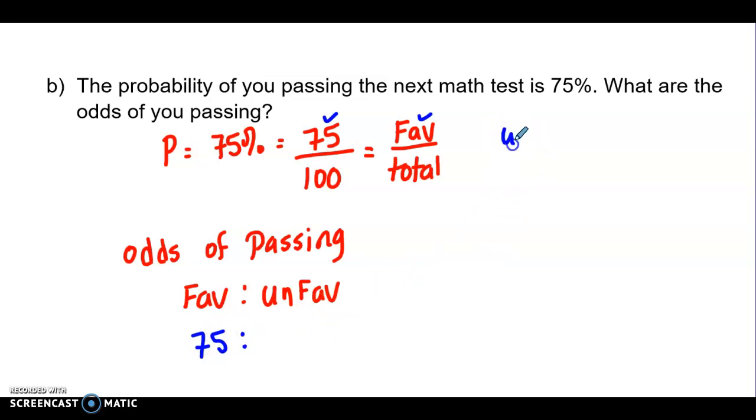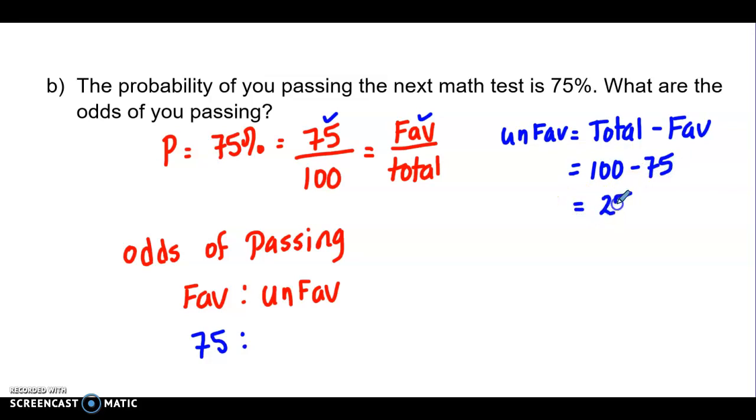This time, to find our unfavorable outcomes, we are going to take our total outcomes and subtract our favorable outcomes. 100 subtract 75 is 25. So putting our unfavorable outcomes here of 25, we have a ratio of 75 to 25.